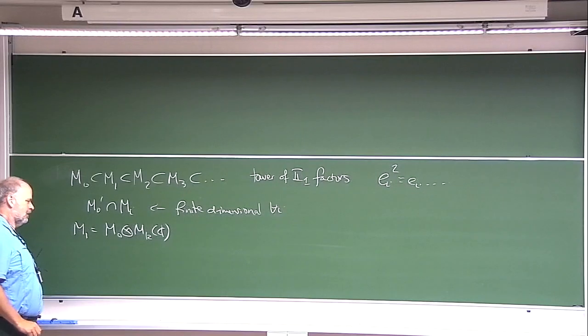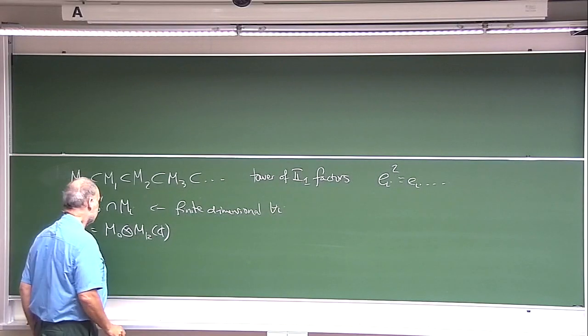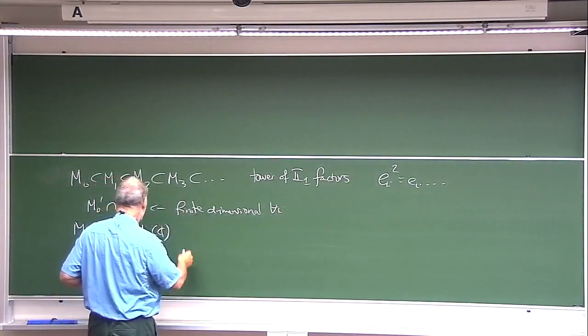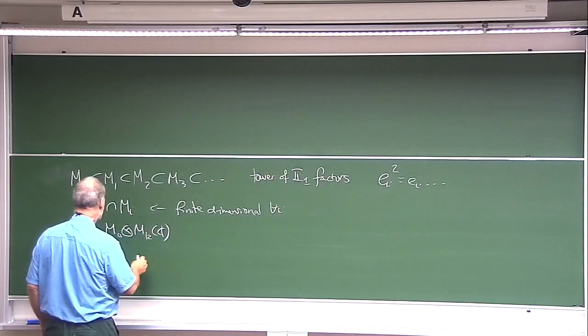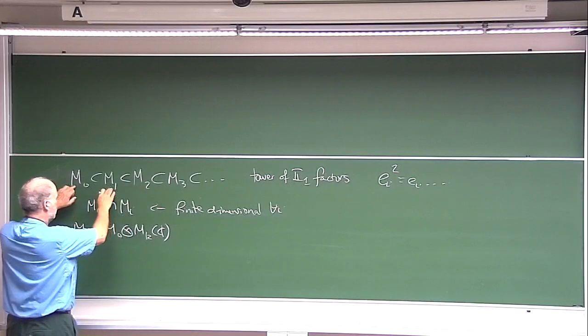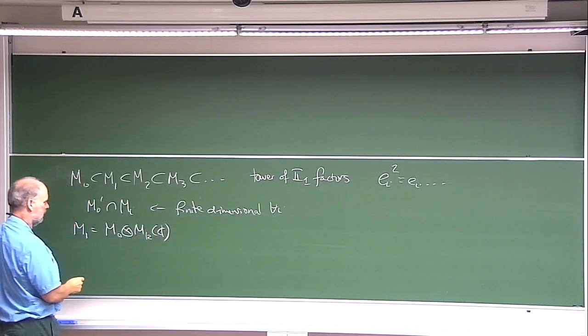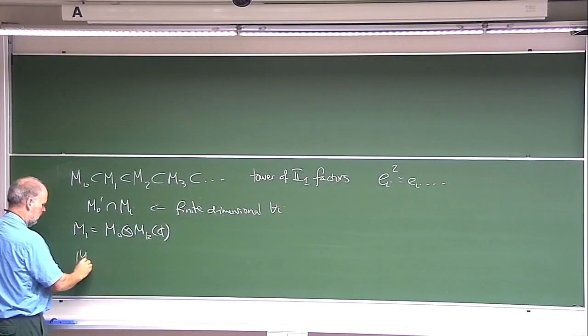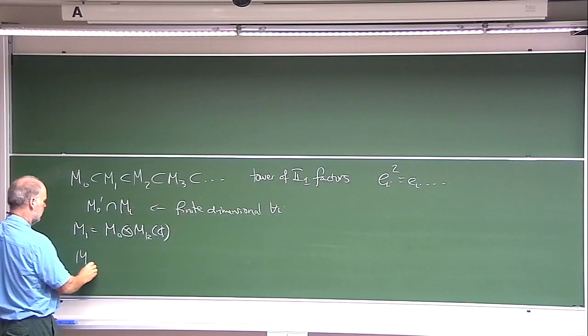Okay? So then if you analyze this basic construction, this tower, it is quite easy to do, and you find that each step of this you're just tensoring on by the k by k matrices. It's sort of induction would get you there.